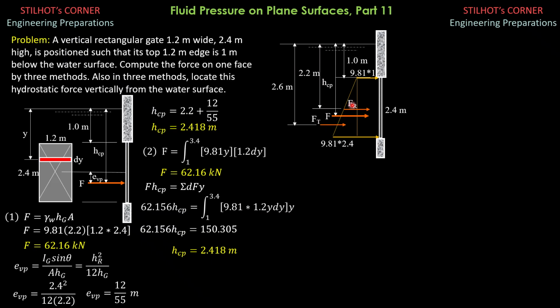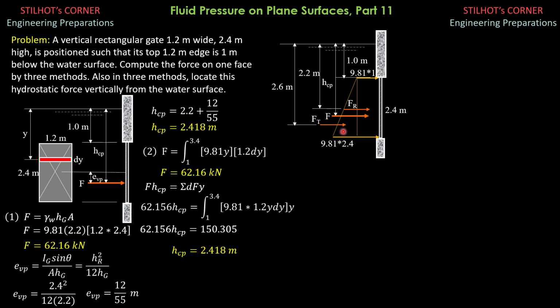Now, since this is a rectangular pressure diagram, naturally, the location of its line of action from the water surface should be h_g, which is 2.2 meters. Again, it is 1 plus half of 2.4, 1.2, so 2.2 meters.